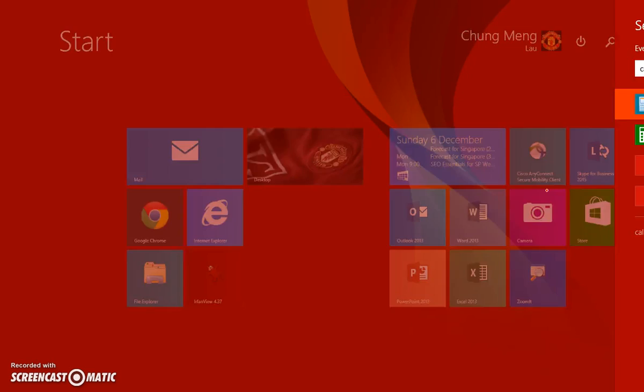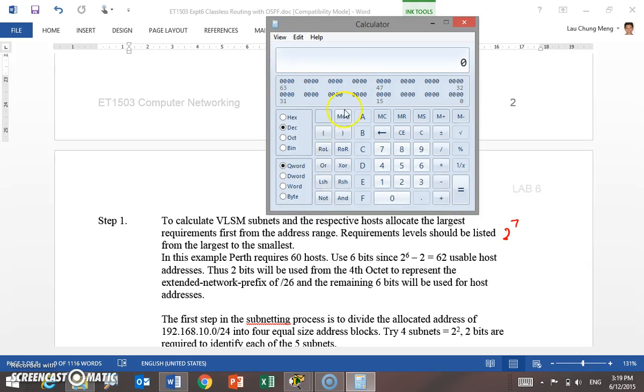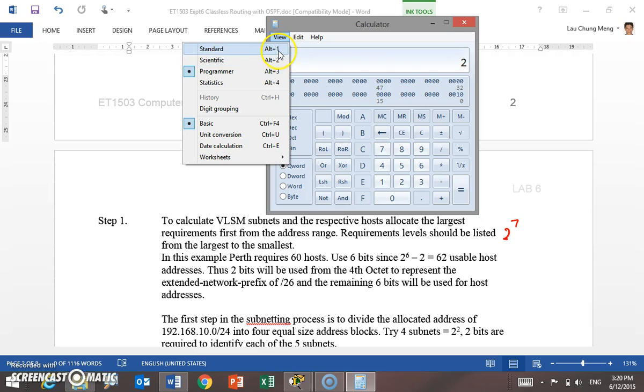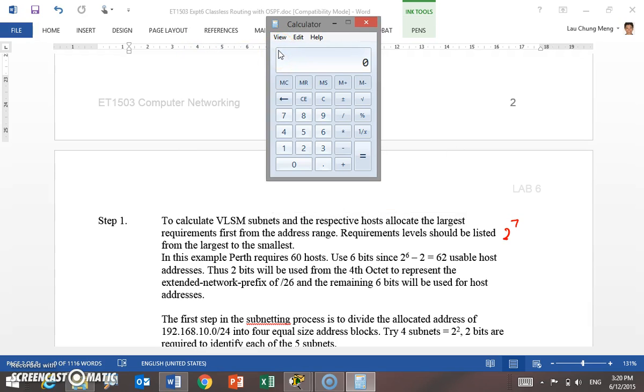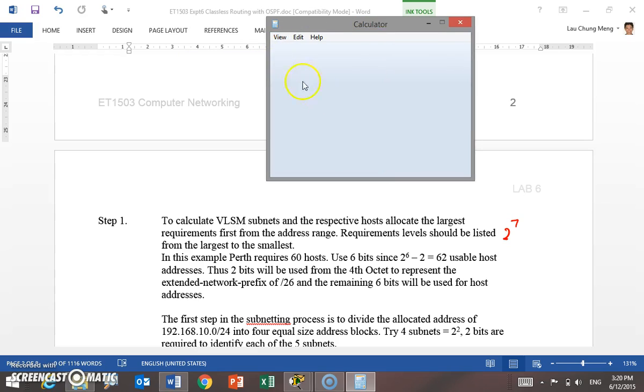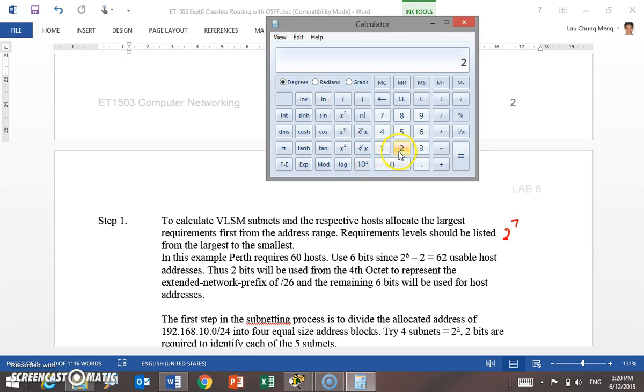If you open up the calculator, and change the calculator to scientific, 2 to the power of 7 is actually 128.